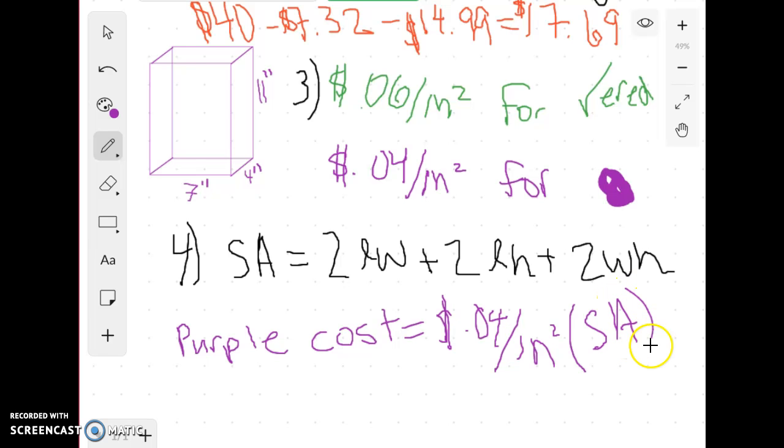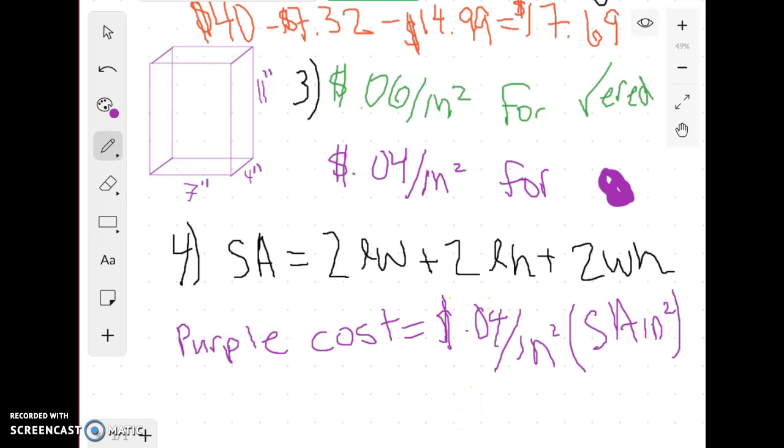And the reason is that our surface area, again, is the total amount of wrapping paper that we need to completely cover our box. And so surface area is in inches squared. So that'll be in inches squared. This inches squared is going to cancel with this inches squared, and we're going to be left with just dollars here.